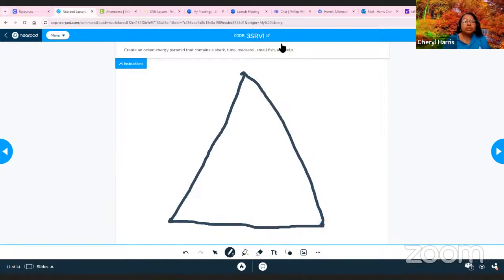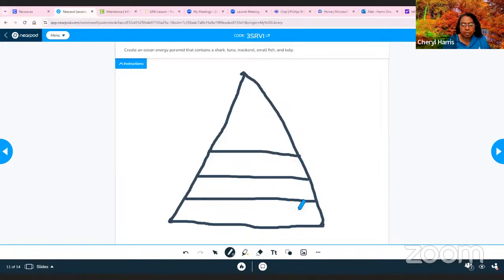All right, so we have 1, 2, 3, 4, 5. So we need 5 levels. I need to divide my pyramid into 5 portions. Okay, so for starters, it should look like that.